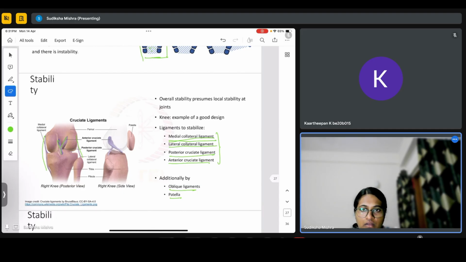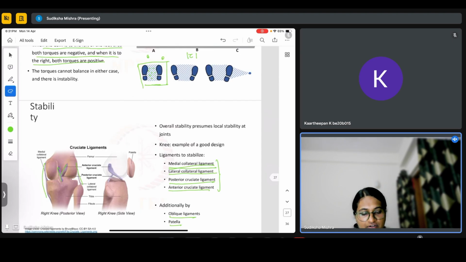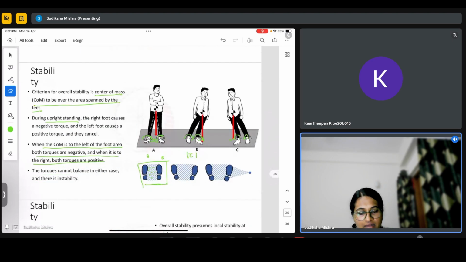In every local area, the joints are stable. So if somebody is standing stably, that implies their knee, their back, their ankles all are stable. And in all of the conditions, the center of mass will lie inside this area.